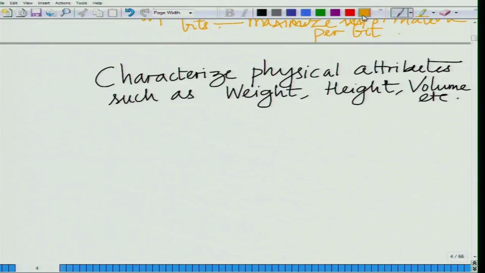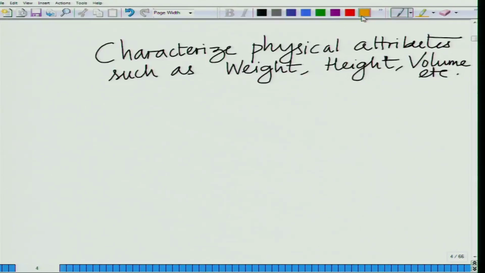But how does one characterize something abstract as information?